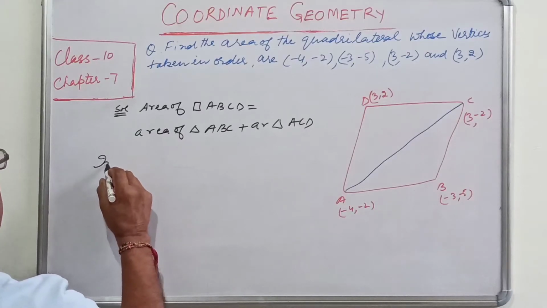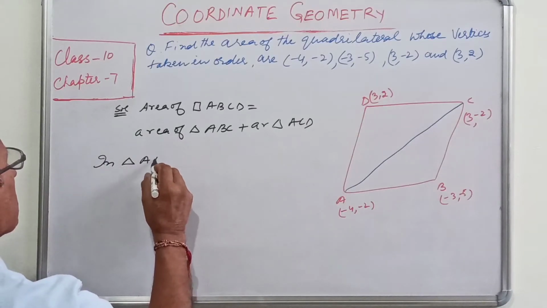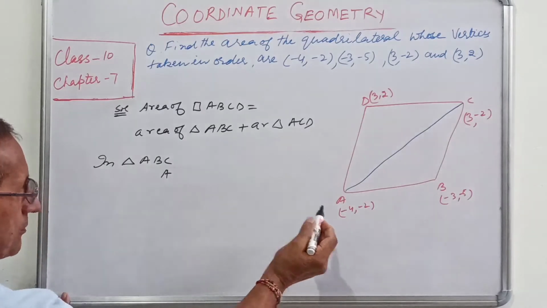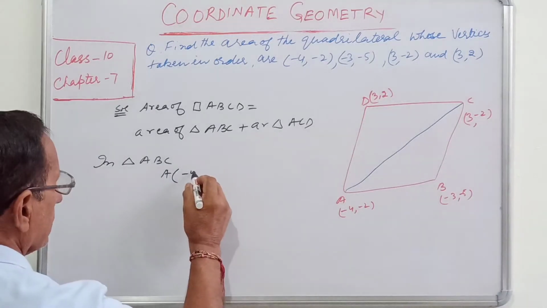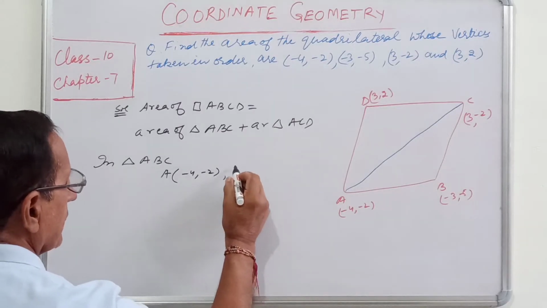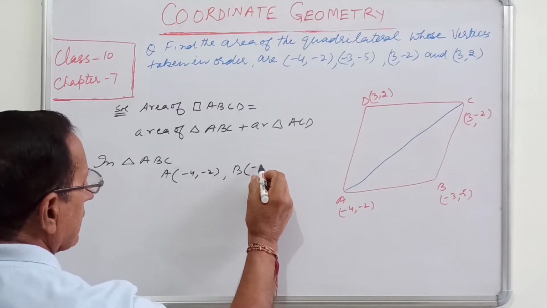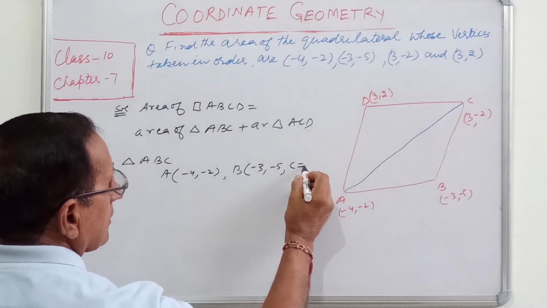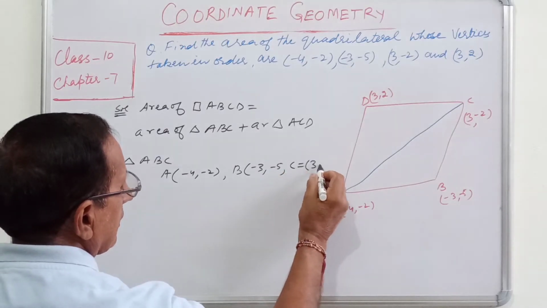So in triangle ABC, the coordinates of point A are (-4, -2), B is (-3, -5) and C is (3, -2).